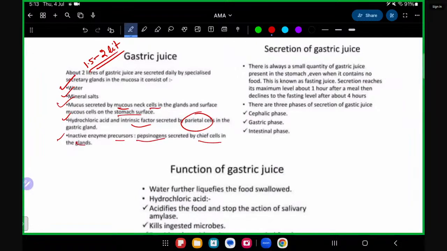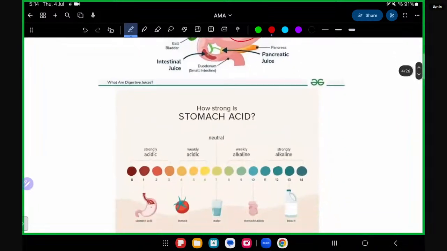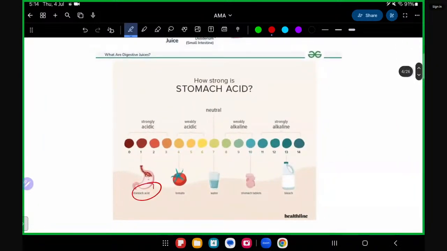So we'll see the function of gastric juice here. First, water. Water further liquefies the food we swallow. The next important function is that of hydrochloric acid. Hydrochloric acid provides an acidic medium. Here you can see the stomach acid, that is HCl.